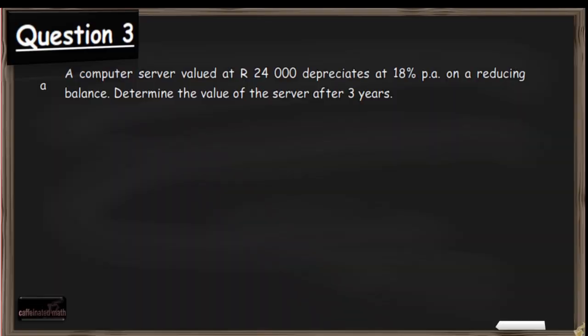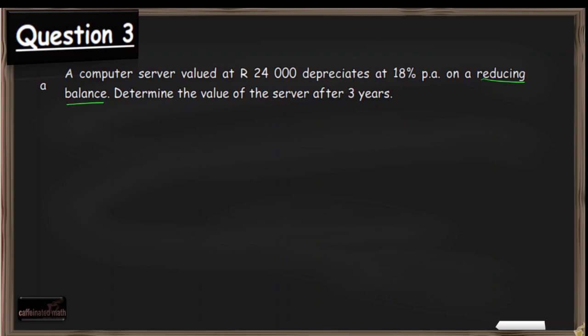Hello, arriving at question 3 with a slightly different and darker design aesthetic, given that that's a blackboard. Well, over here we have a computer server valued at 24,000 Rand, depreciating at 18% per annum on a reducing balance.